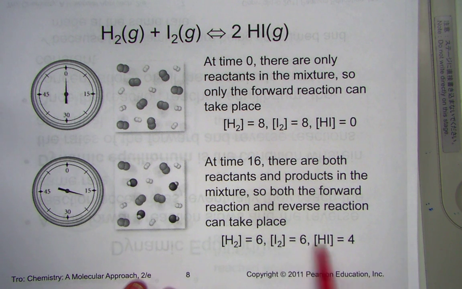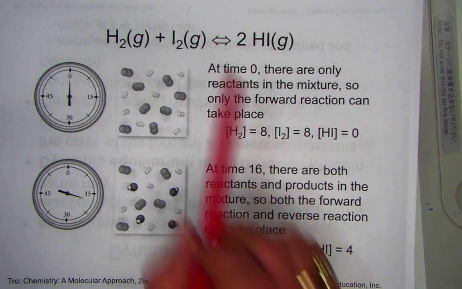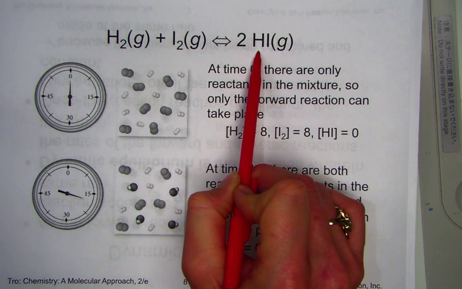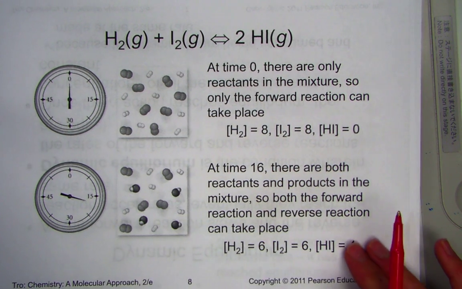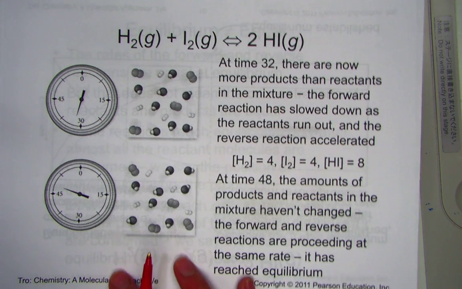So not the same amount, but we have indeed achieved an equilibrium where the forward and reverse reaction are occurring. So at the same rate, H and I collide to make hydrogen iodide. At the same opportunity, this then decomposes back into the original reactants. Still more time.